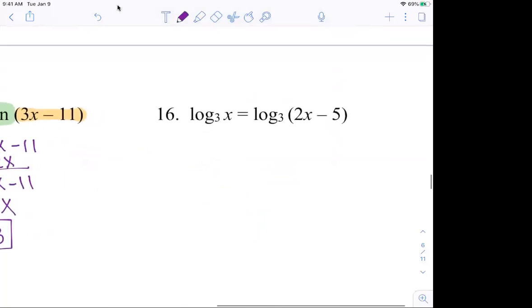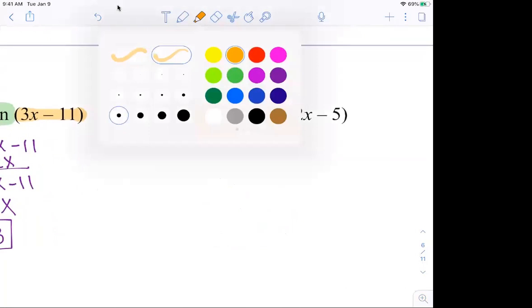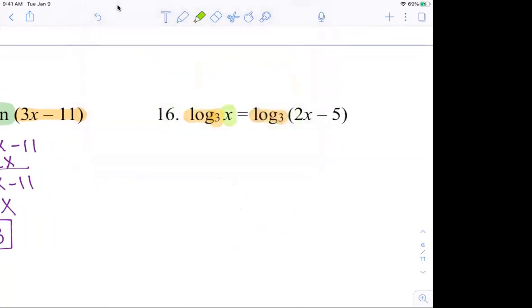Okay, so I'm going to say stop. Try number 16 alone, and then unpause me and see if you got the right answer. Go. All right, so for you guys that have solved it, notice again, they're both log base 3, which means you can set the x equal to the 2x minus 5.